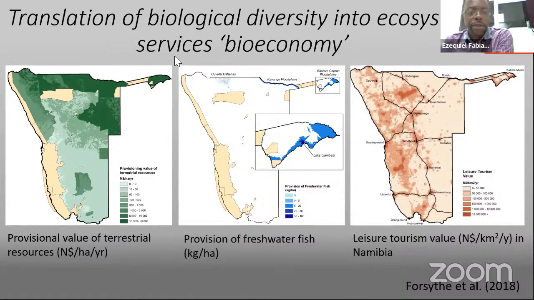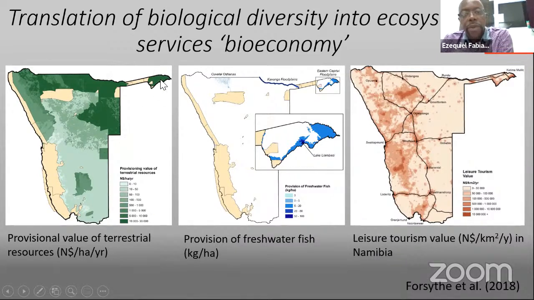This slide provides an example of how this diversity is transformed into provisional values of terrestrial resources, thinking in terms of ecosystem services and the bioeconomy. Just focusing on the one farthest to my left, you have the distribution of value in terms of terrestrial resources. This is all in Namibian dollars per hectare per year.